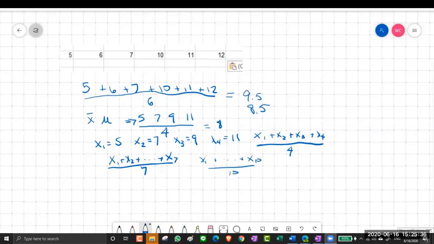So if we want to be general about it, it would be x1 plus, and we'd go all the way up to xn, and then we would just divide by n. So this is the general formula for x bar.